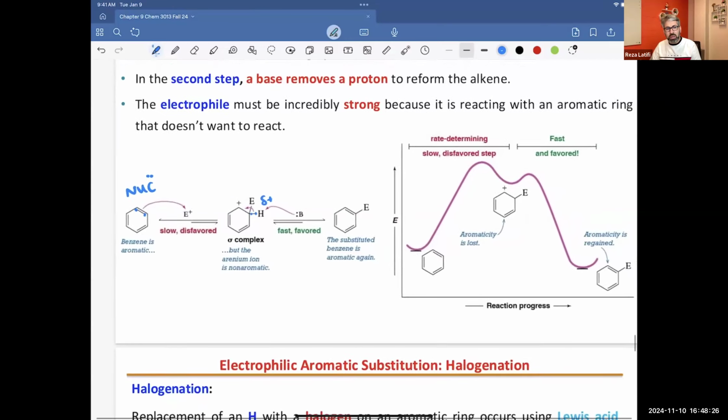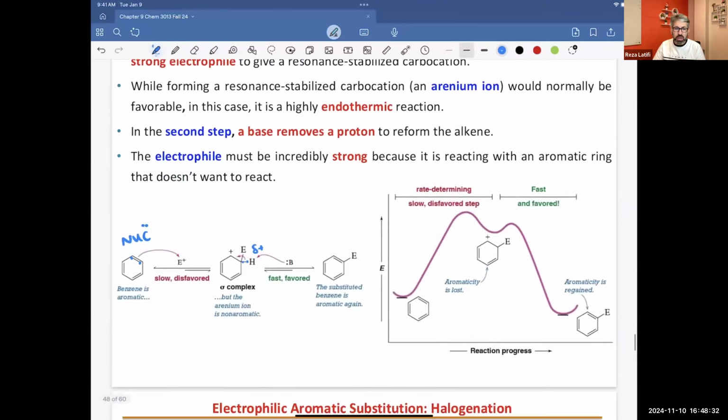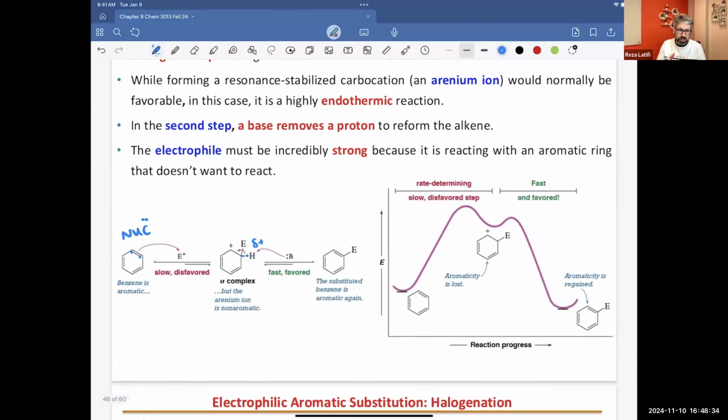And that's the reason we say electrophilic aromatic substitution, and the nucleophile here is the ring or the benzene. But the species that we are actually adding to the phenyl ring has only an empty orbital, and it's not going to share electrons with the ring. It will take electrons from the ring.